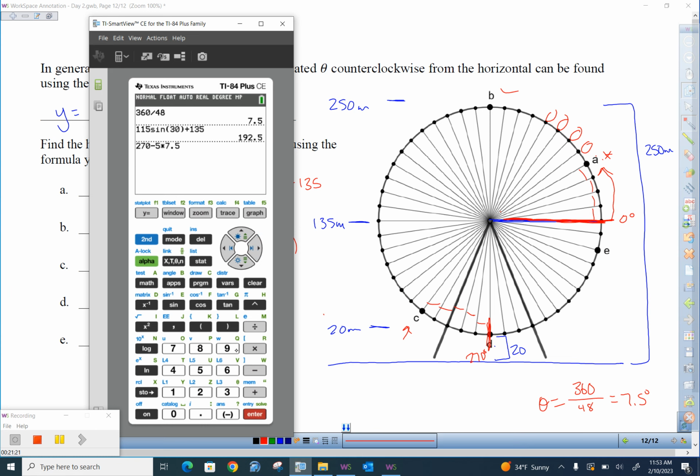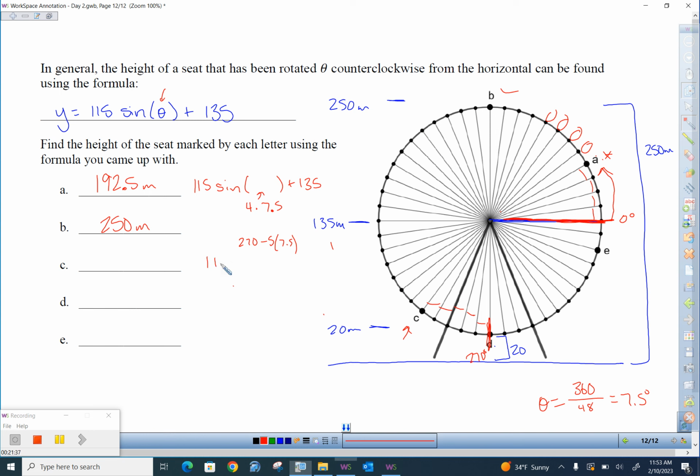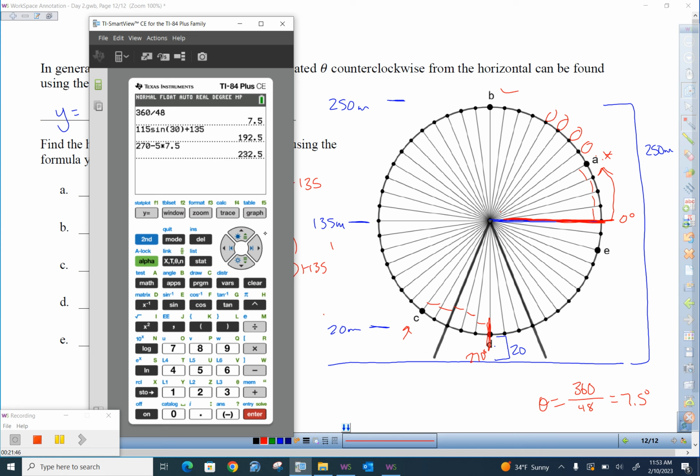And now I'm using that in my formula up here. Okay. 232.5.